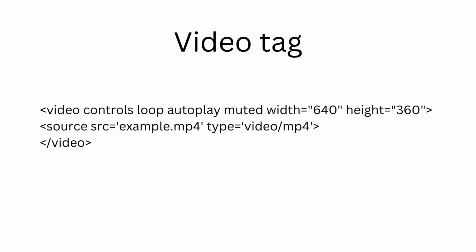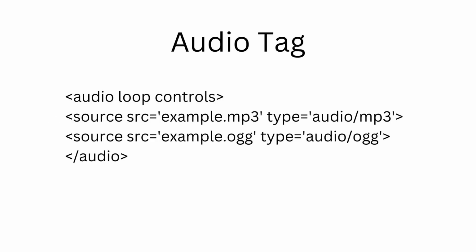The video tag also offers various attributes that can be used to customize the video player, such as width and height, and the ability to enable player controls like pause and volume buttons, using the controls attribute. There are additional attributes available to further customize the video player. Similarly, the audio tag can be used to embed audio within a web page.